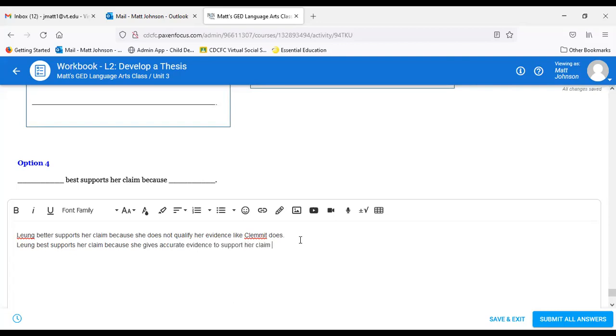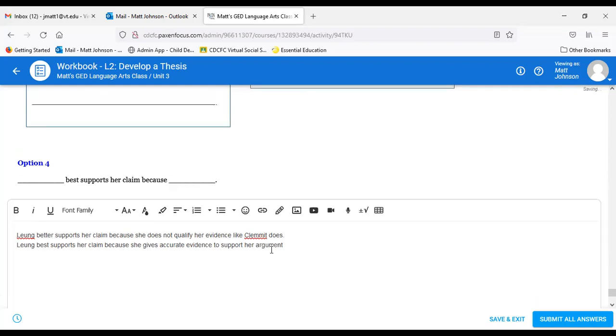Okay. Let's see here. Or best supports her arguments. Yeah, no, claim's good. We'll put thesis or argument in there, just to make sure.